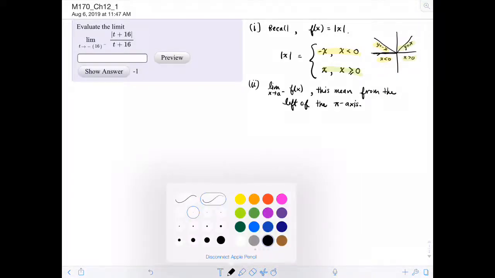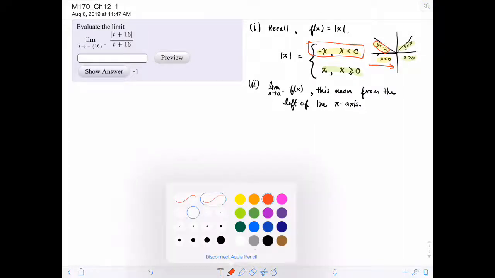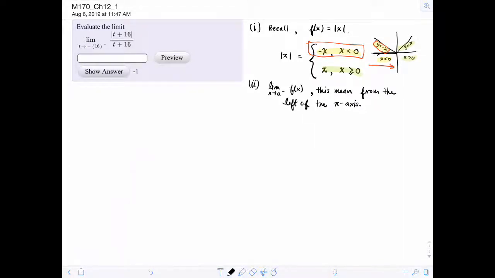So in this case, we're going to be shooting from the left towards the value given to us, a, whatever that a is. So if we have an absolute value, that means that we're going to be dealing with the first piece, the negative of that function. So now, knowing these pieces of information, I'm coming from the left and from the negative direction, and I'm going to be using the negative of that first piece of the absolute value function.